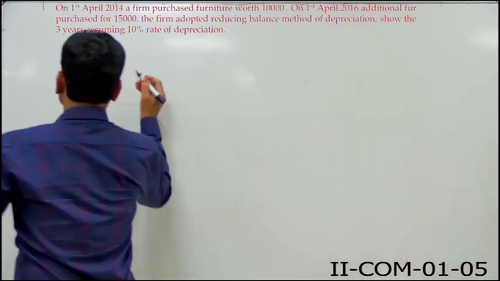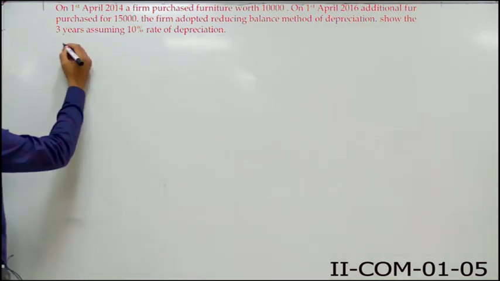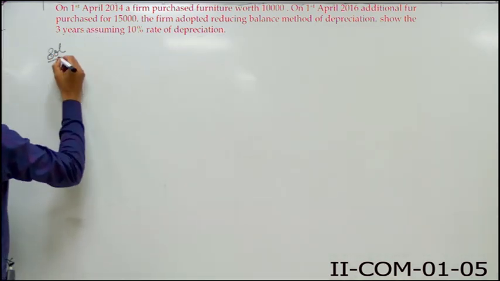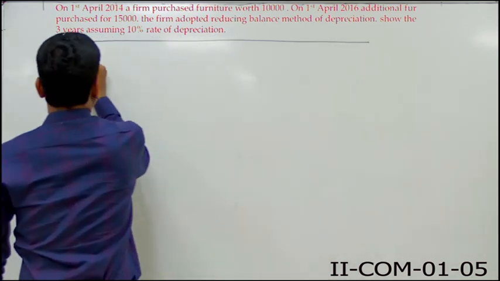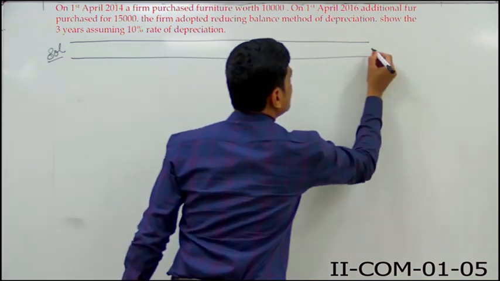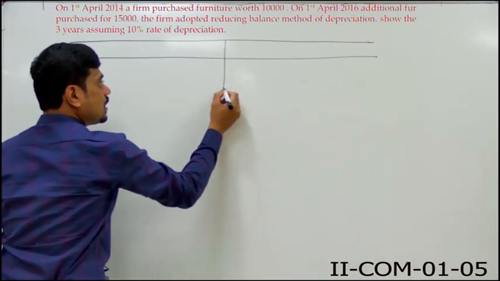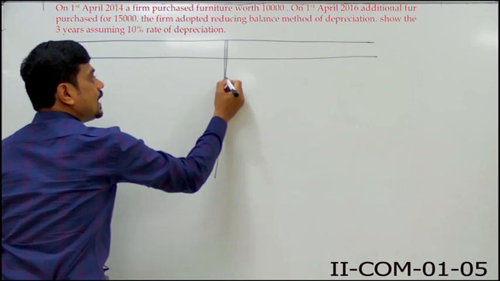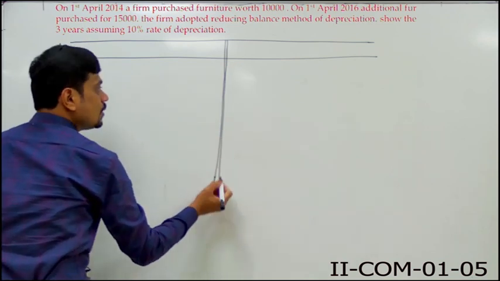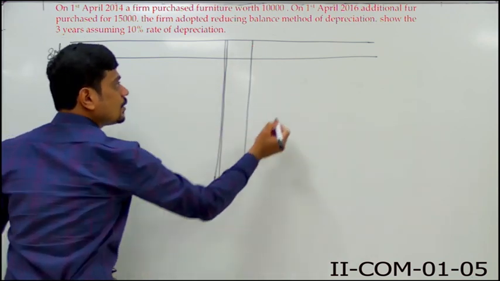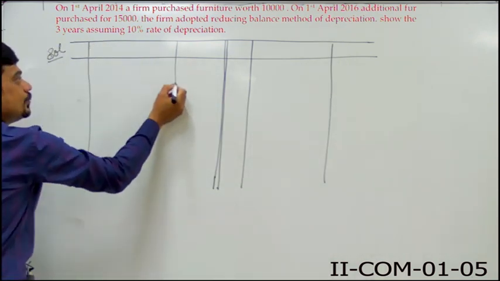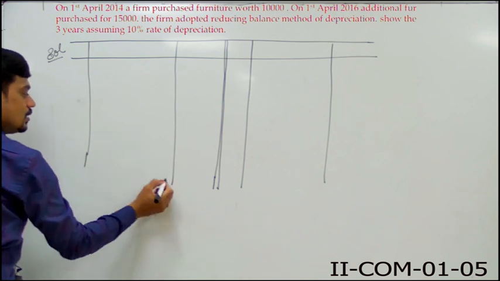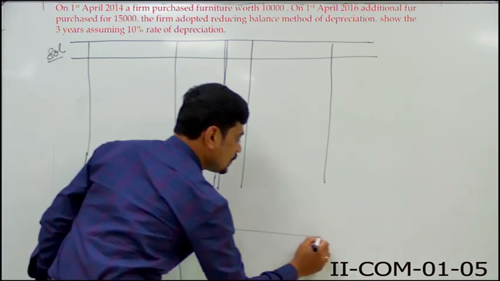Same again, solution. So the asset account. As it is, we'll draft the asset account. Again, here the date, particulars, amount, date, particulars, amount. And here, working.